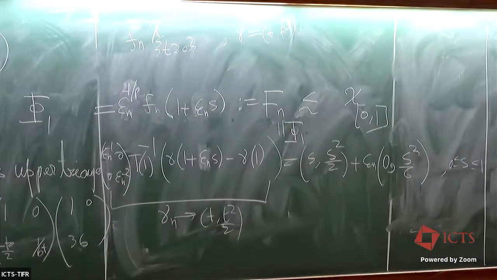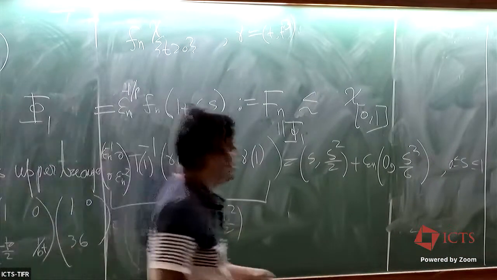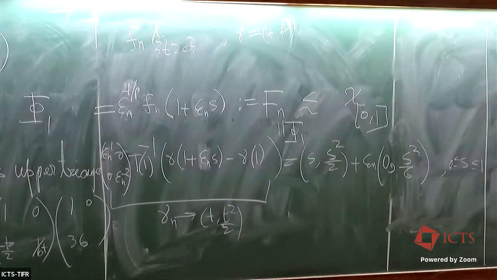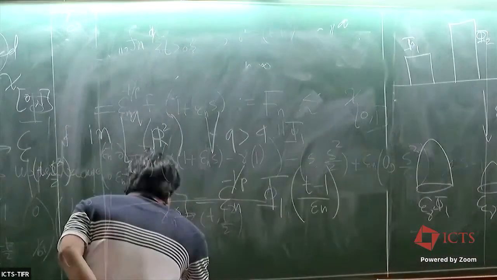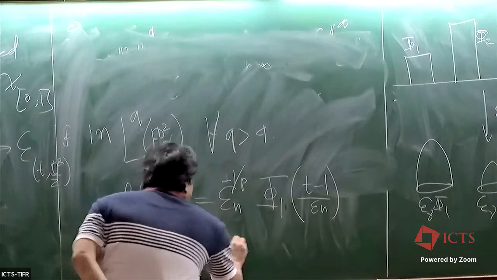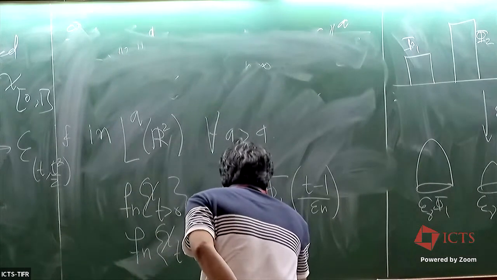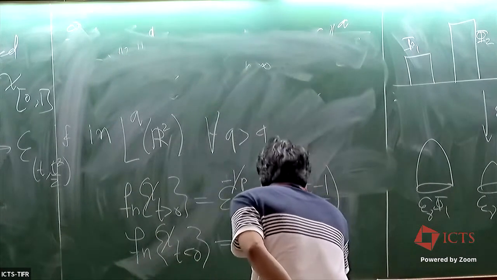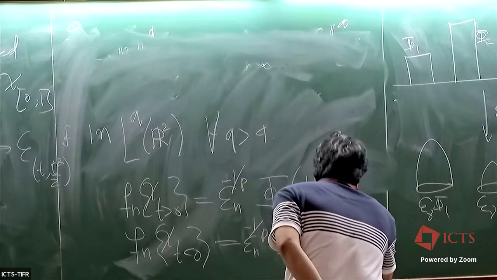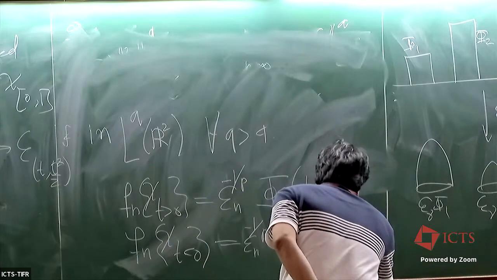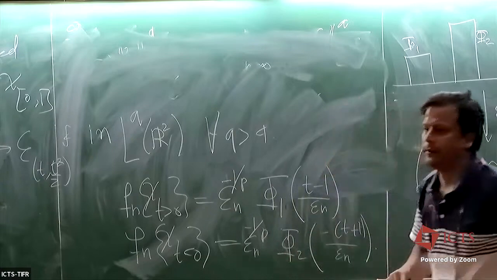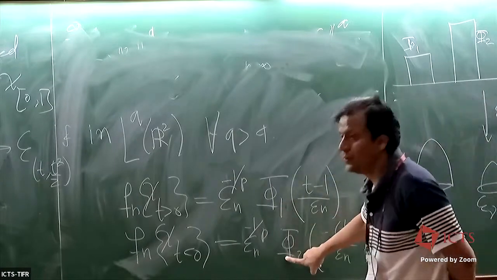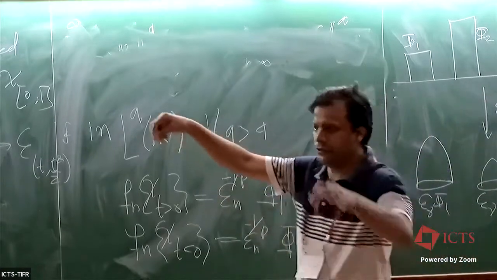For the other blow-up, we can get another profile, phi2, a fixed function, so that Fn times the characteristic function of t less than 0 essentially looks like epsilon n to the power minus 1 over p times phi2 of minus t plus 1 over epsilon n. These phi1 and phi2 will play the roles of those extremal edges for the parabola.